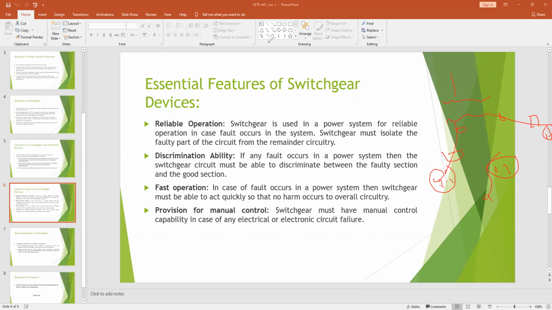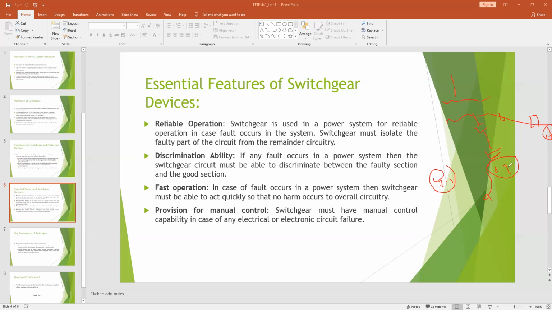Now, if due to some fault at zone 2, the switchgear at zone 1 worked and isolated zone 1, then I could say that the discrimination ability of these switchgear devices was not good, because the fault occurred at zone 2.